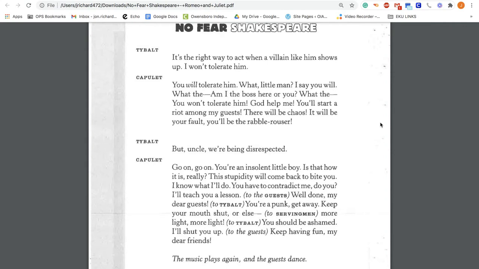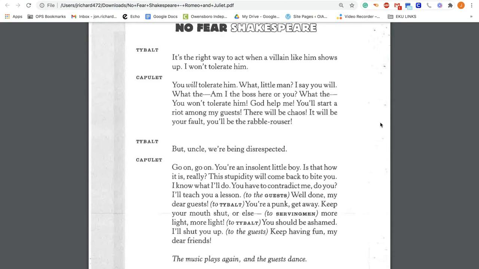It's the right way to act when a villain like him shows up. I won't tolerate him. You will tolerate him. What, little man? I say you will. I am the boss. You won't tolerate him. God help me. You'll start a riot among my guests. There will be chaos. It'll be your fault. You'll be the rebel rouser. But, Uncle, we're being disrespected.